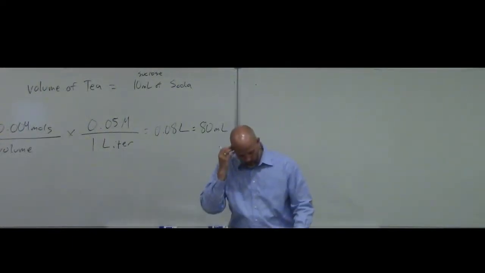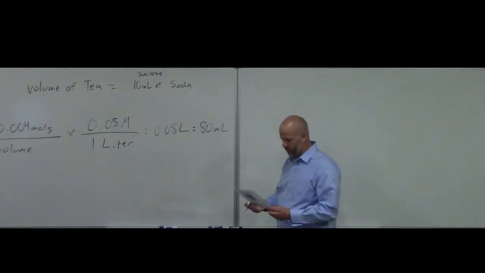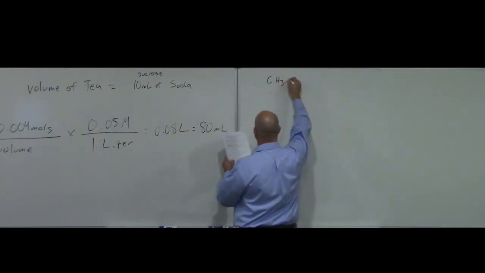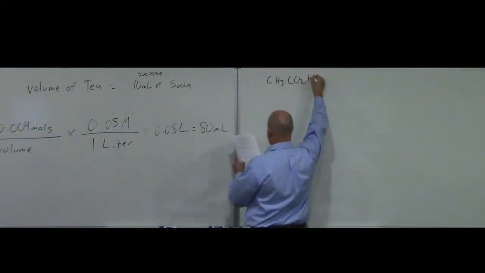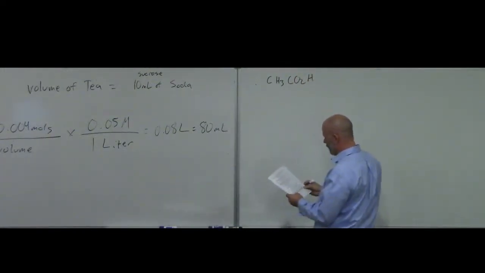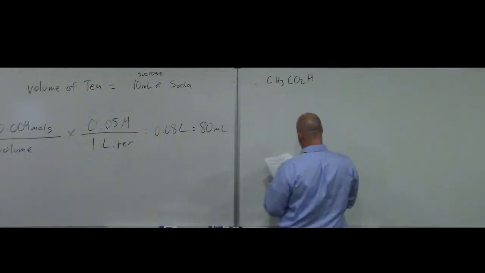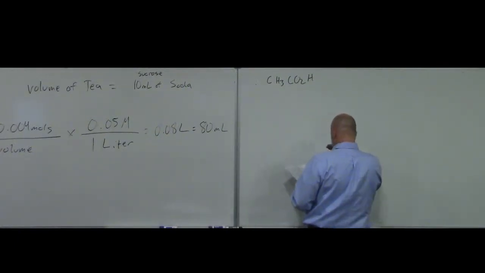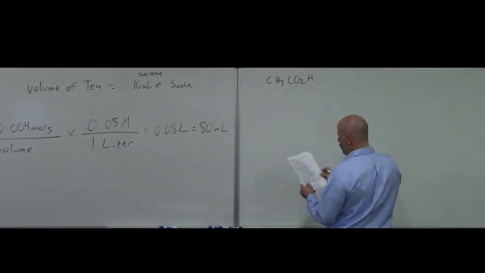All right, distilled white vinegar is a solution of acetic acid, that's CH3CO2H in water. It says that we have a 0.5 liter vinegar solution that contains 25.2 grams.